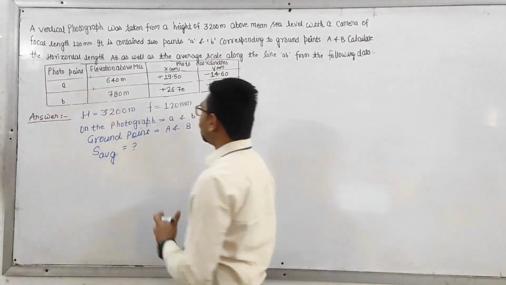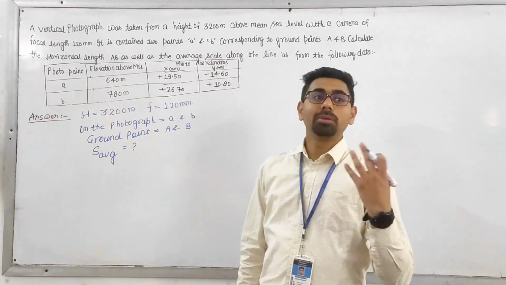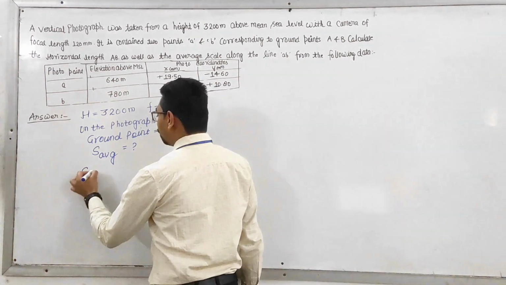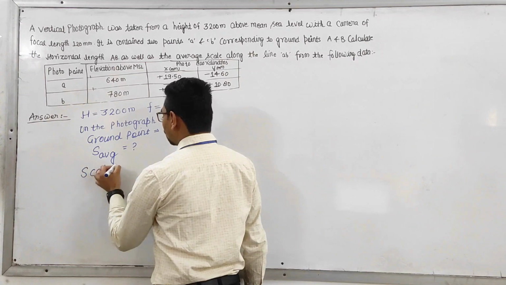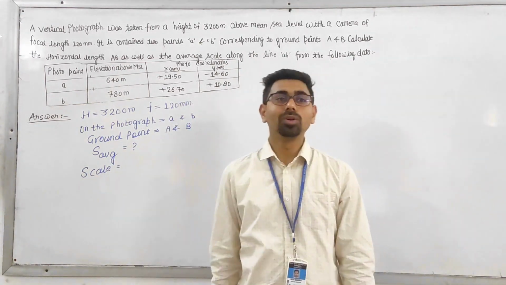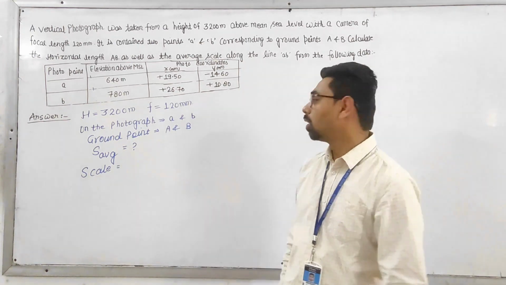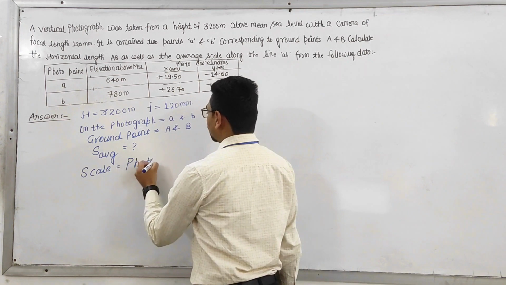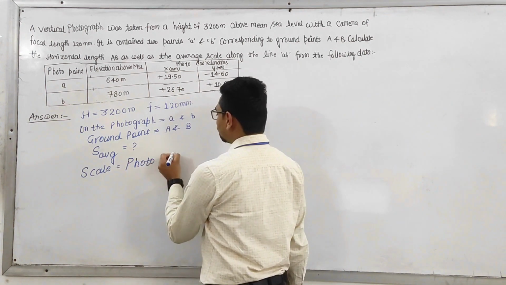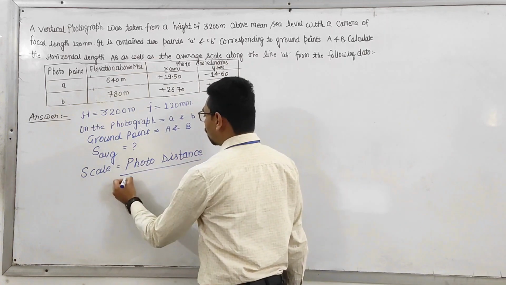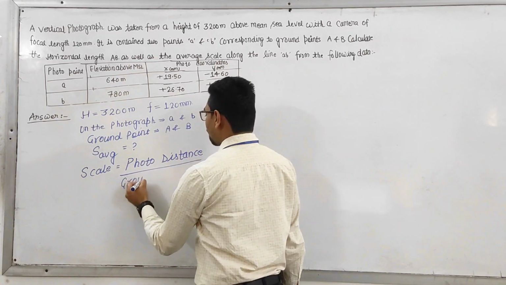First of all, we know the concept of scale. We know the scale of a photograph is the ratio of photo distance to ground distance.